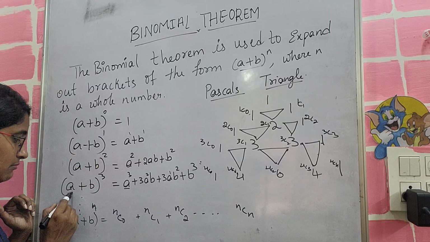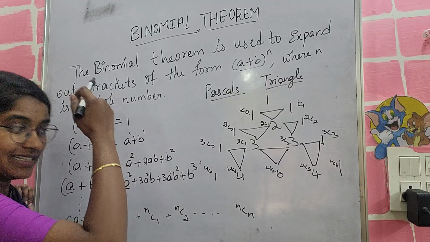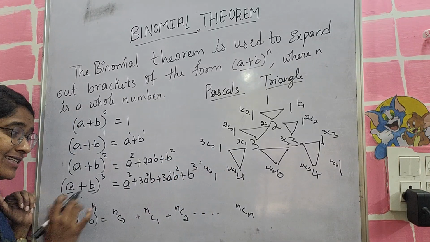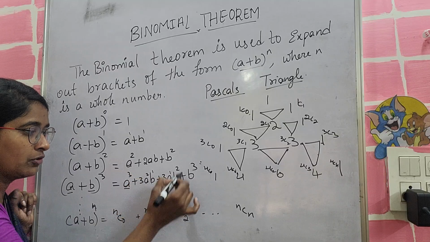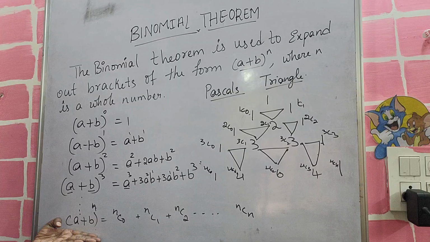So the first term powers are in a decreasing way, right? And then the second term is increasing. Here is b power of 0, b power of 1, b power of 2, and b power of 3. So here is also a pattern. Now we will follow the same thing in this also.